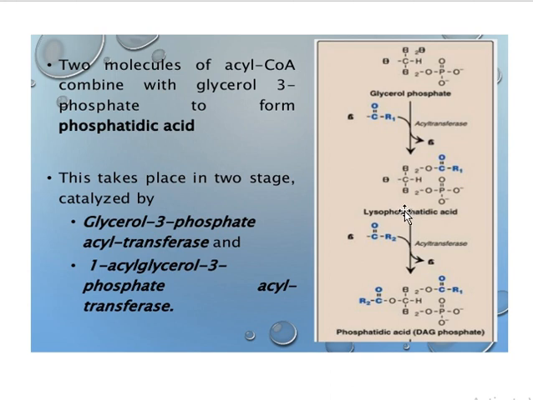Then this is converted to 1,2-diacylglycerol 3-phosphate, which is the phosphatidic acid. So in this way, glycerol 3-phosphate is converted to phosphatidic acid by the action of acyl transferases.